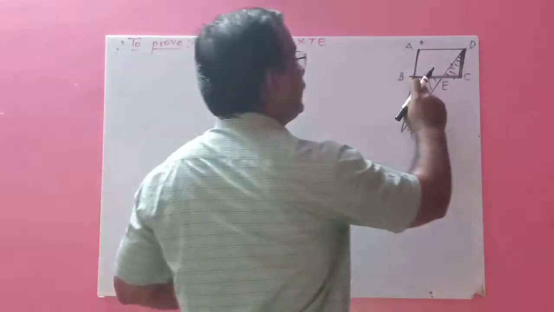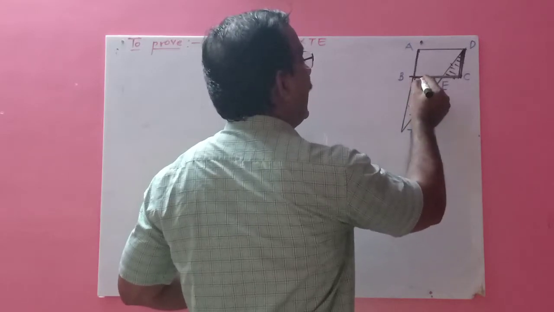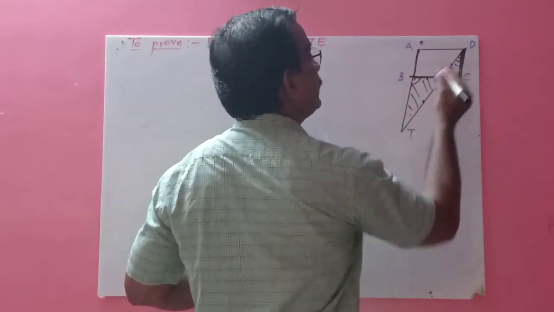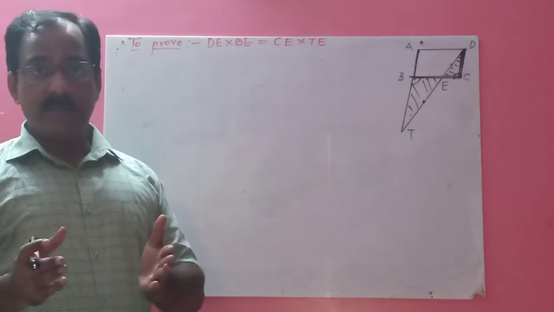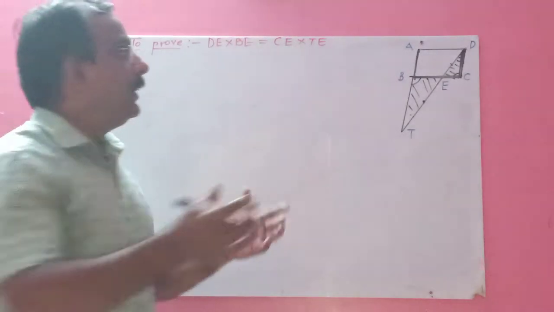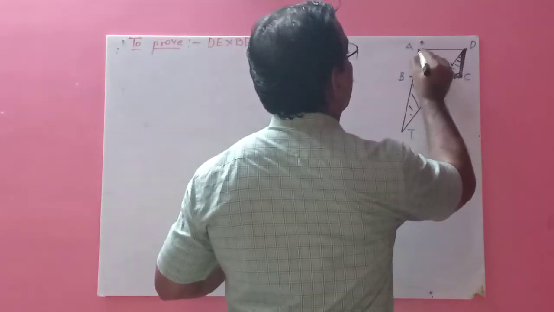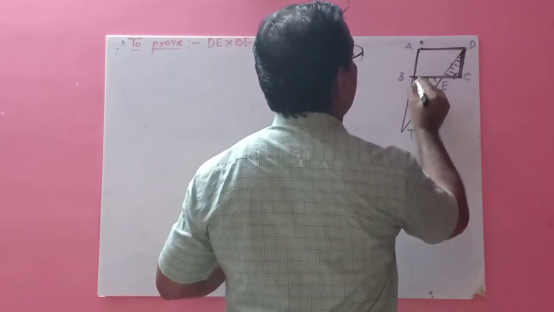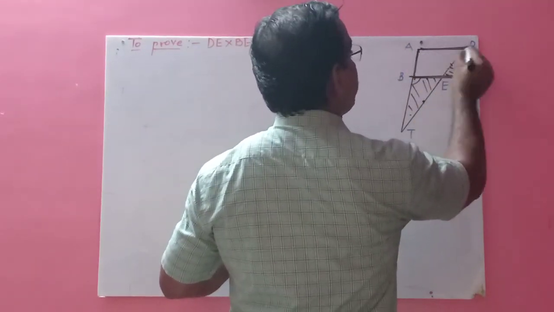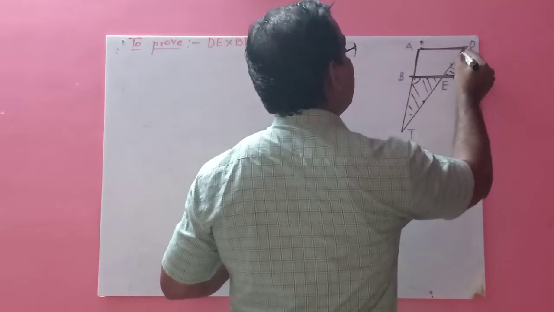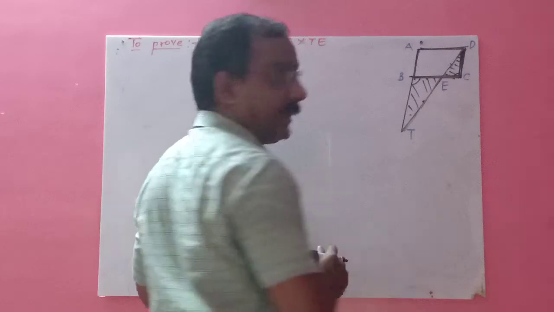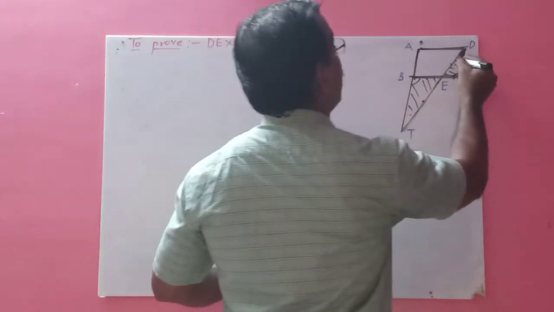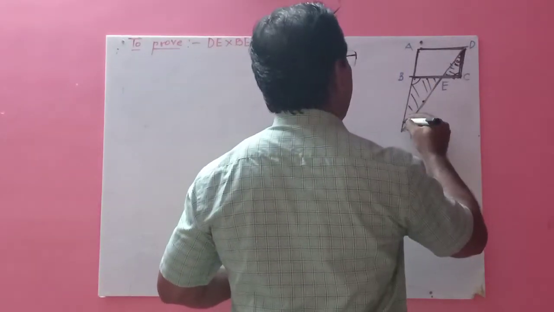And if this is a transversal, then this angle and this angle become congruent. Why? The reason is alternate angles. Or if these two are parallel, then this line becomes a transversal. Got it? So therefore this angle is equal to this angle.